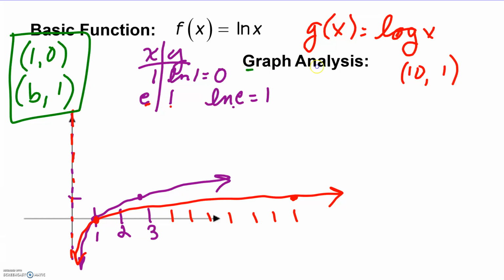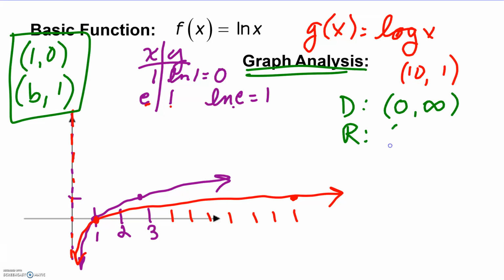Now, over here, I want us to do a little graph analysis, meaning let's find things like the domain. The domain of all of these log functions, if they haven't been shifted or anything, is going to be 0 to infinity. The range is just all real numbers, negative infinity to infinity.